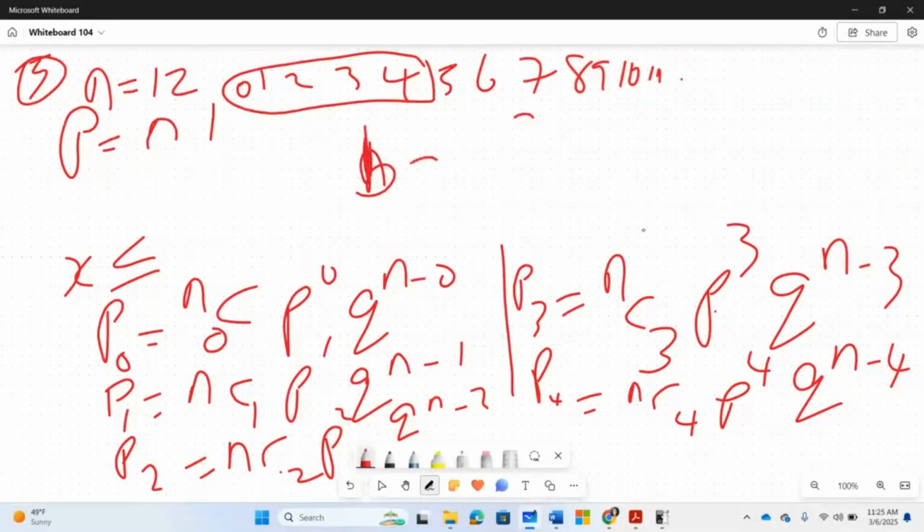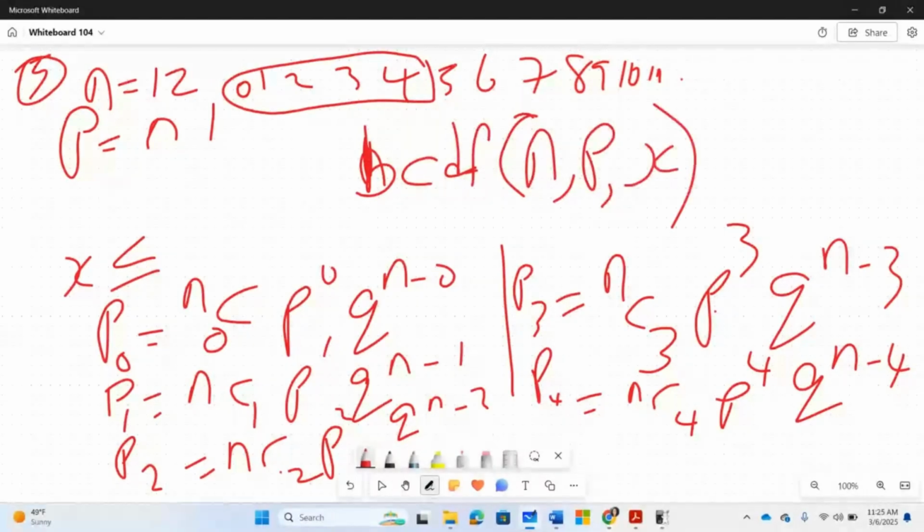So binomial cumulative density function, and the arguments are n, comma, probability of success, comma, and x. I can rewrite it as binomial CDF, not binomial PDF. This time I am accumulating, so binomial CDF.